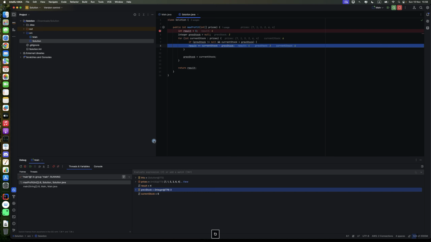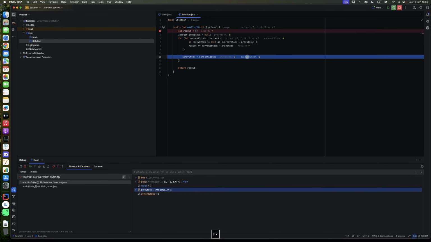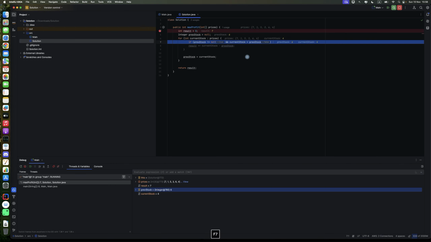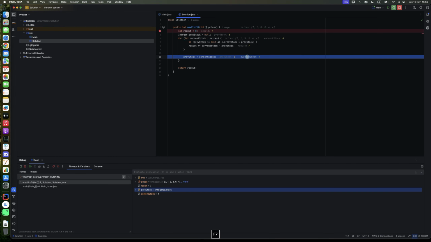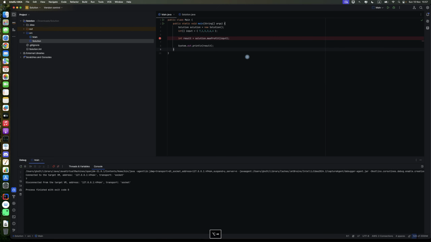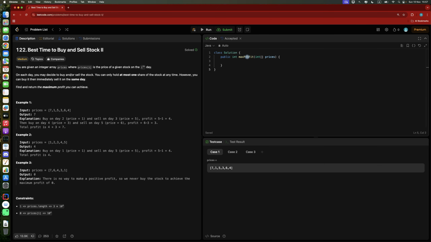So yes, we should accumulate this to the result, because here you can see 6 and 3. 6 minus 3 is 3, right? So we want this in our result. So we are going forward and the result is 7. Okay, and this is the answer actually. This is our answer here.